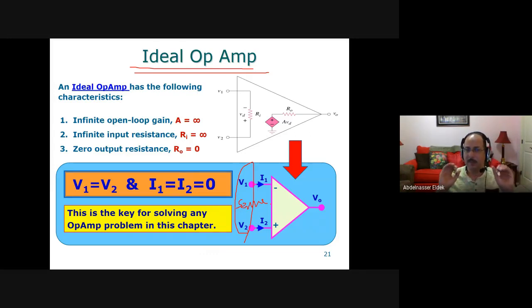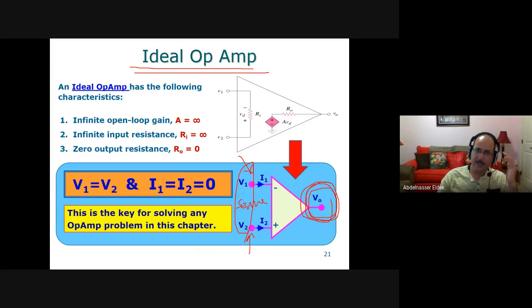Never, remember this, never apply nodal analysis at the output of the operational amplifier. Don't do that. Apply it only at the input. You can apply it at this node or at this node, depending on the circuit.